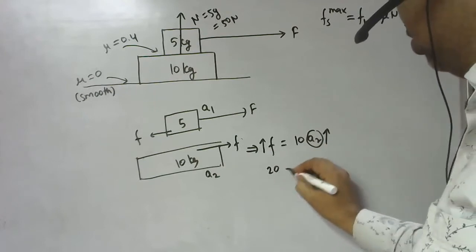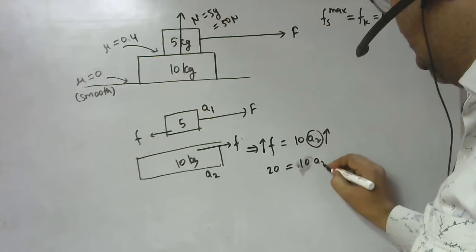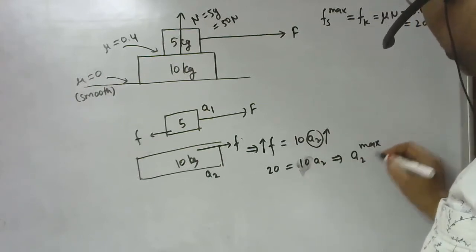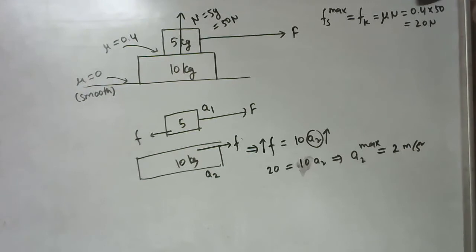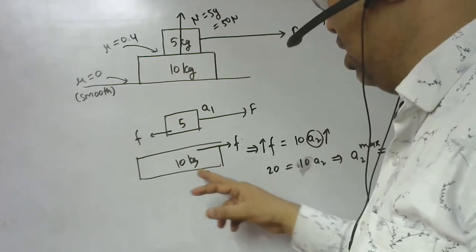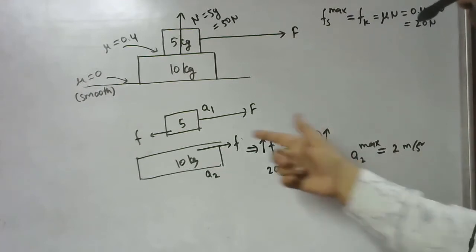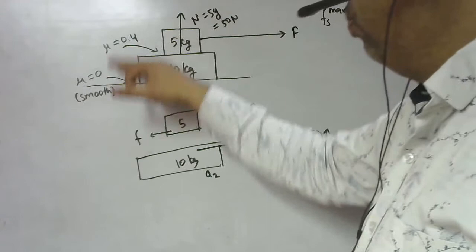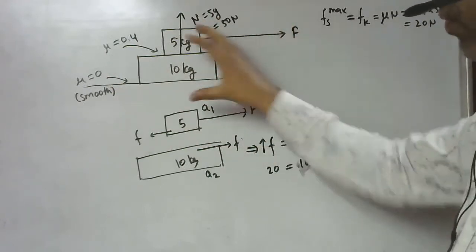So this is 10 a2, and the maximum acceleration of the lower block will be 2 meter per second square. By friction, the lower block cannot accelerate more than 2 meter per second square. So if both blocks move with this acceleration, they will move together.